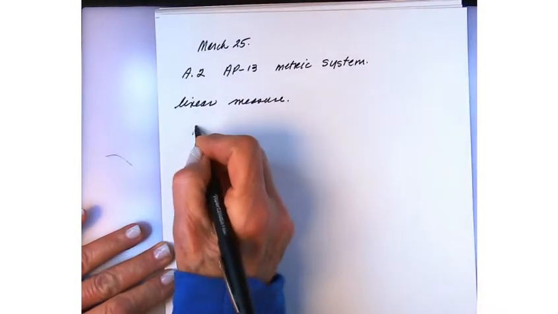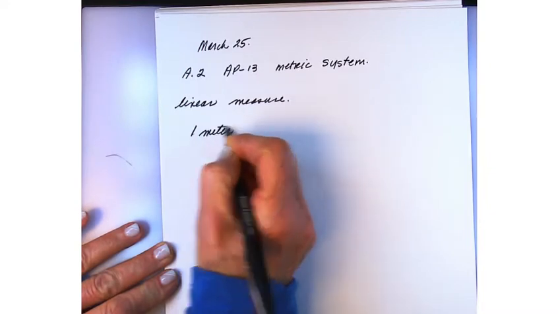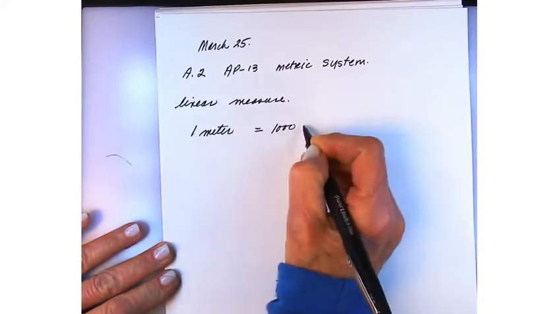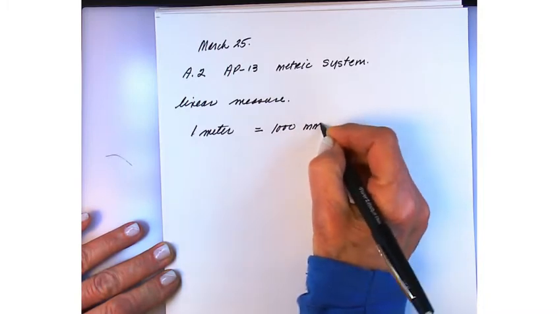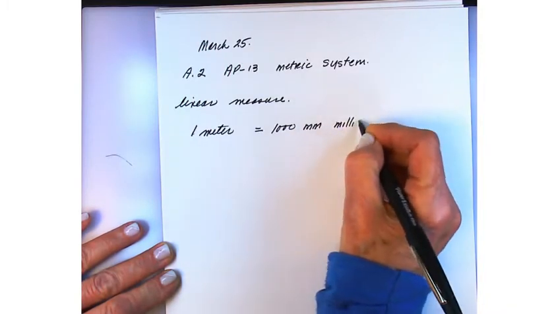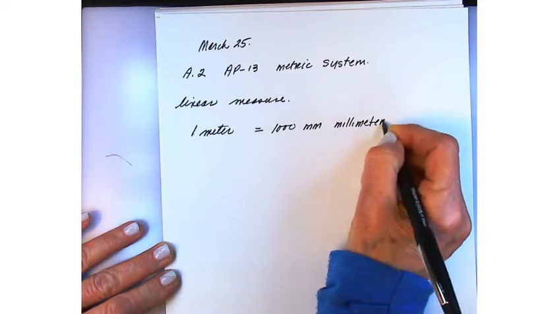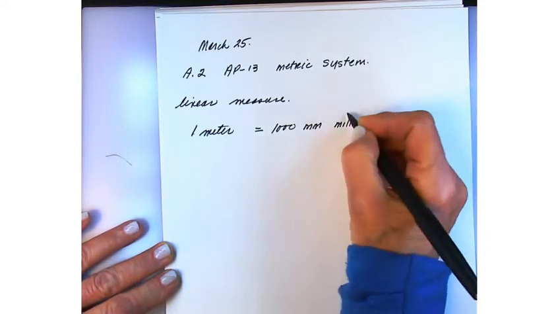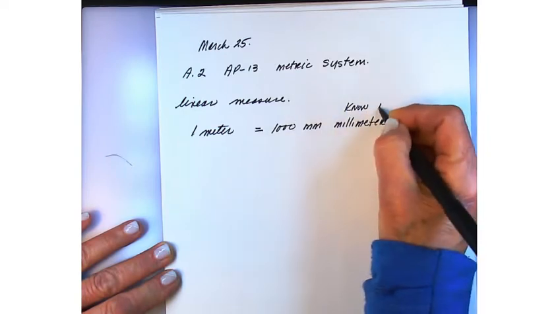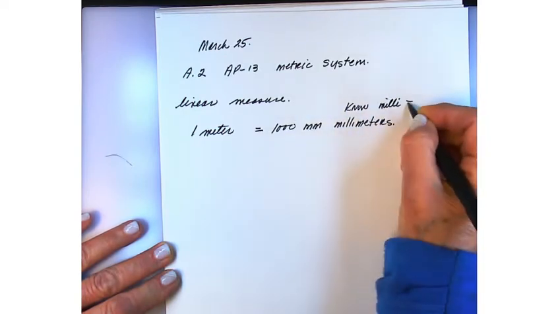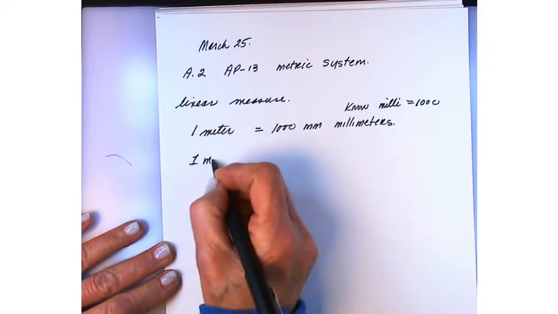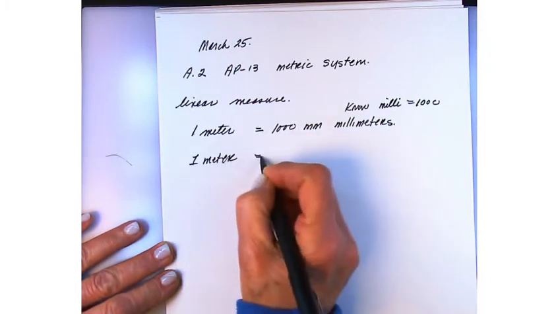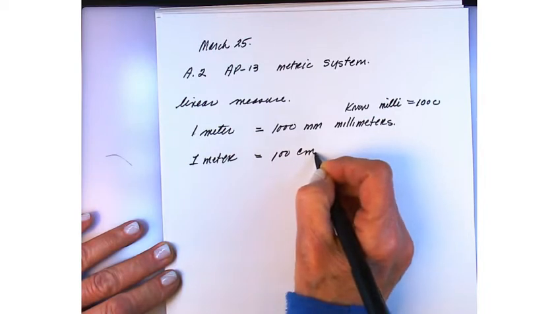So 1 meter equals 1,000 millimeters. And you need to know that milli equals 1,000. 1 meter equals 100 centimeters.